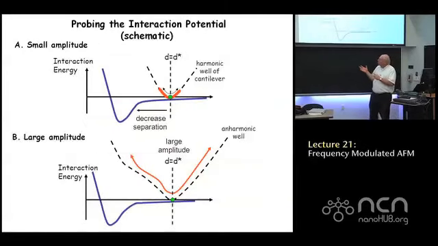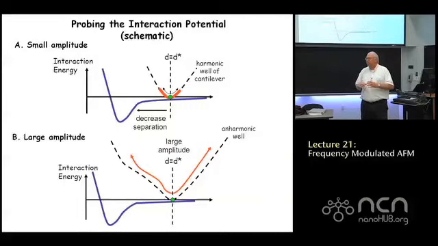So everything I said up till now for the interaction between the tip and the substrate was based on a small amplitude approximation. I assumed that the amplitude of the tip as it oscillated in the harmonic well of the cantilever was small, but clearly that doesn't have to be the case.